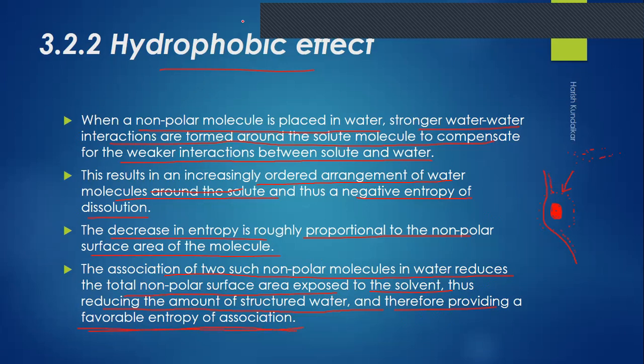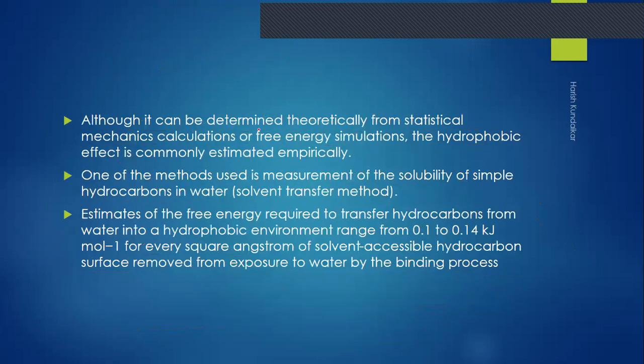That is going to increase the favorable entropy of association between the ligand and the receptor. So this is called the hydrophobic effect. Although it can be determined theoretically from statistical mechanics calculations or free energy simulation, the hydrophobic effect is most commonly estimated empirically. Empirically means we will use tables in which we have different functional groups and their hydrophobic effects.